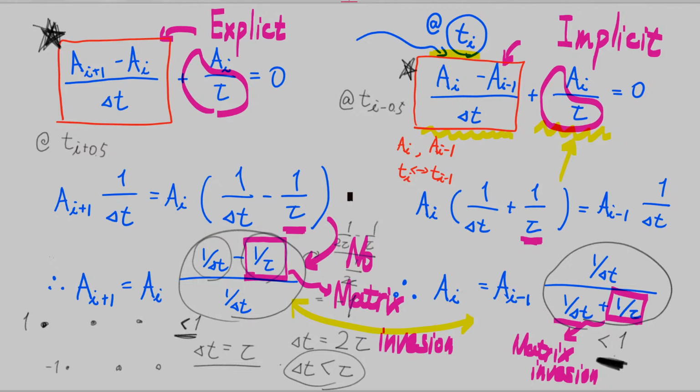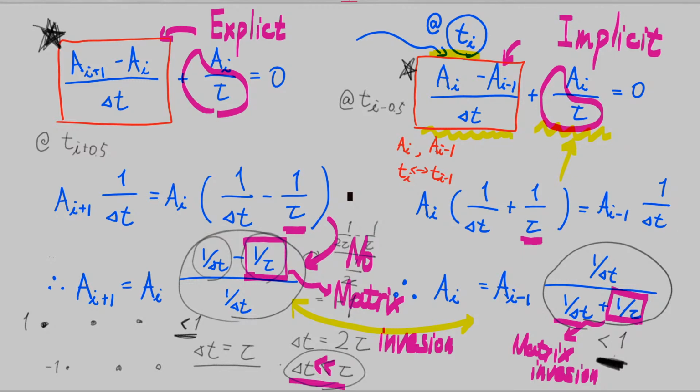Then at first glance, you will be really persuaded by this explicit scheme. Oh, then I can live without this time-consuming Jacobian inversion. I can kick out that time-consuming part. That sounds really great, but there is a hidden cost. What is the hidden cost? As I told you before, in order to be stable, the delta t should be much smaller than tau.